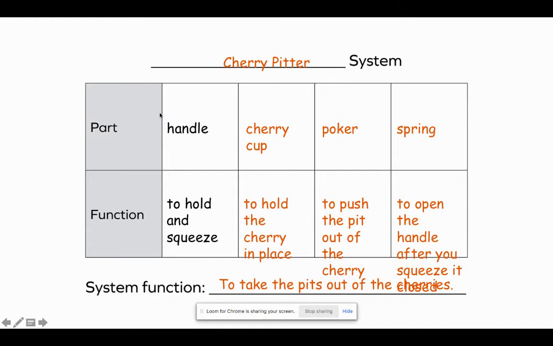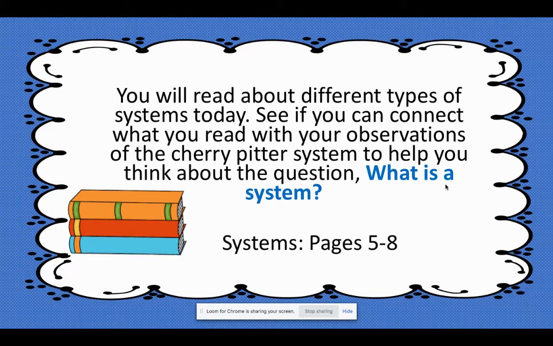When he squeezed the handle, the poker went into the pit of the cherry. And finally, there's the spring. It's to open that handle after you squeeze it. So you squeeze the handle, but you notice it opens back up. So the system function is to take the pits out of the cherries. That is the whole point of that tool, or what we're going to call a system.